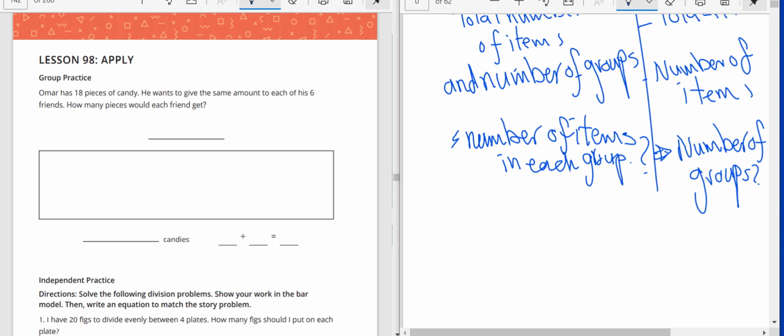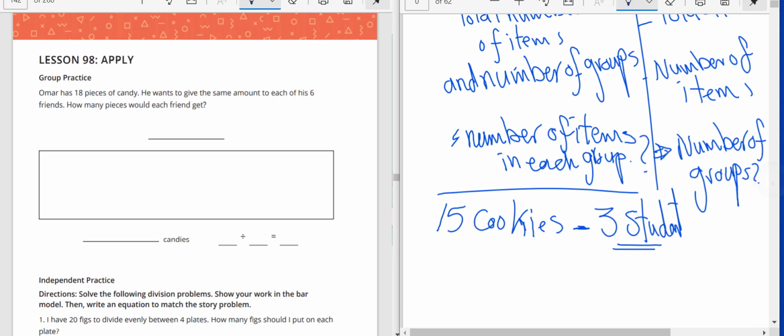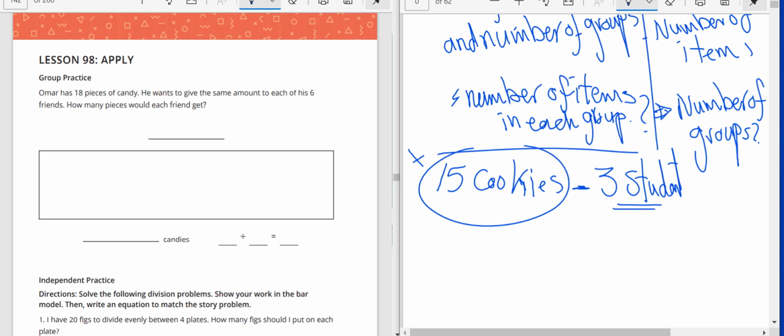So, for example, on sharing problems, if we have 15 cookies and we want to share them among 3 students. So here we know the total number and the number of groups.